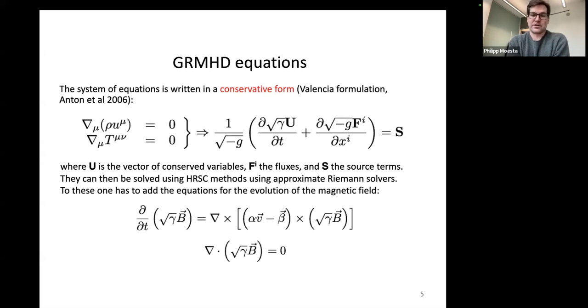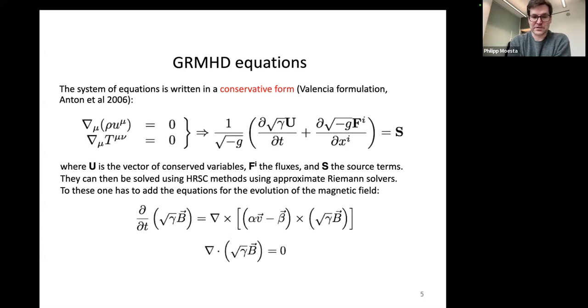And the idea is now that we find methods of solving these systems, and we're going to go through these methods in a little bit of detail in the next few slides. This involves what is called high-resolution shock capturing methods and Riemann solvers, and we find a way of solving these. This is for the fluid part. What we now have to add is Maxwell's equations, which give us, via the induction equation, an evolution equation for the magnetic field.